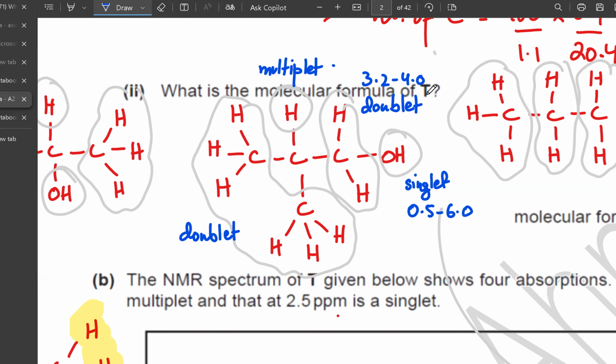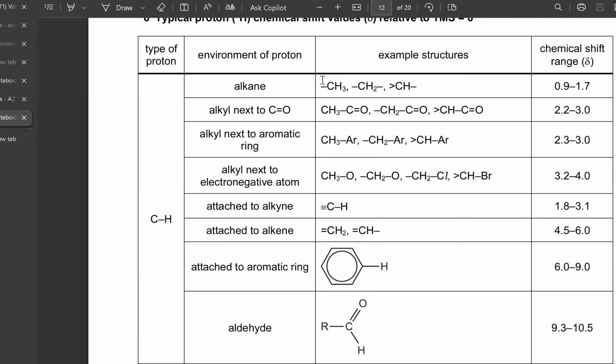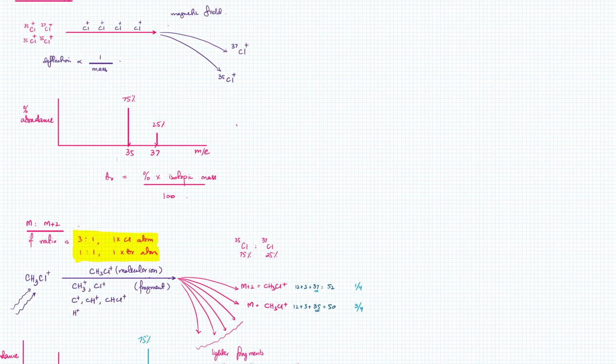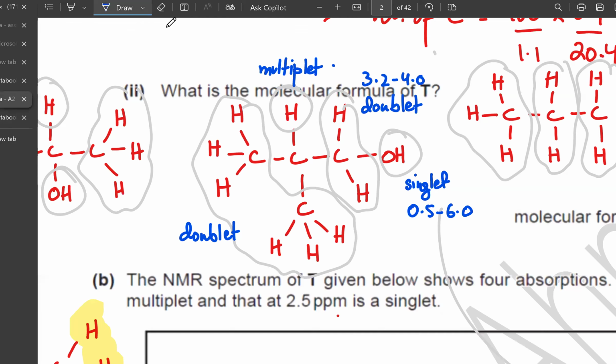Now come to this CH, which is part of the alkyl chain. What's in its neighborhood? It's just carbon chains, right? So that's probably the alkane type environment, which is 0.9 to 1.7. In fact, both of these are going to be 0.9 to 1.7.